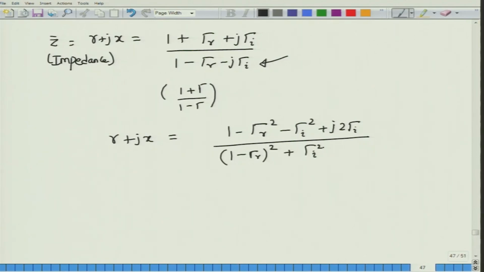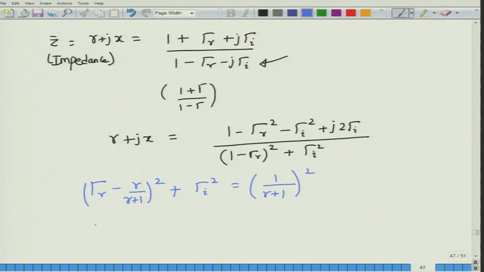now you can separate the real and imaginary parts of this right hand side expression and equate them to r and x, and then do a little bit of algebra. It's a little tedious, but it's straightforward. So do a little bit of algebra so that you end up with the relation for r in terms of gamma r and gamma I, and the relationship is that gamma r minus r by r plus 1 magnitude square plus gamma I square will be equal to 1 by r plus 1 magnitude square.